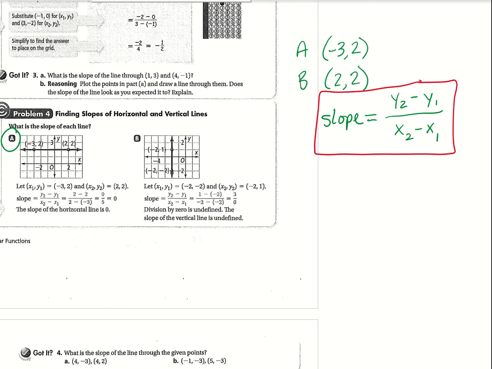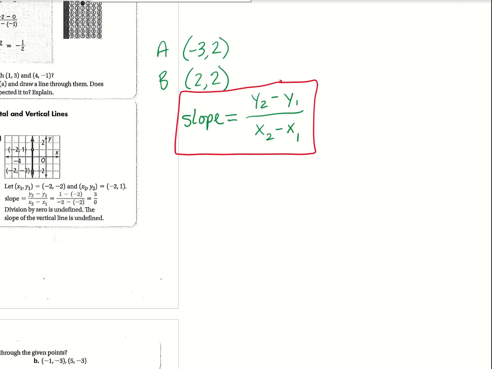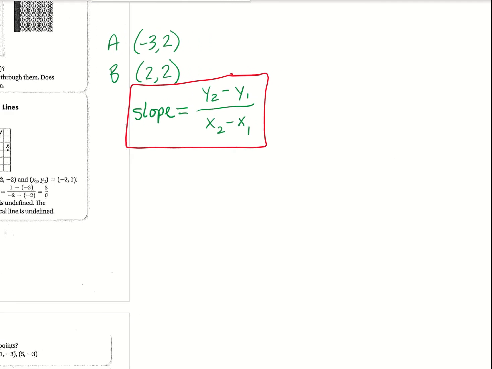When we use this slope formula using the points A and B there, we have y2. I'm going to use B as my second one, so y2 is going to be 2, and then minus y1 for A, which will also be 2.